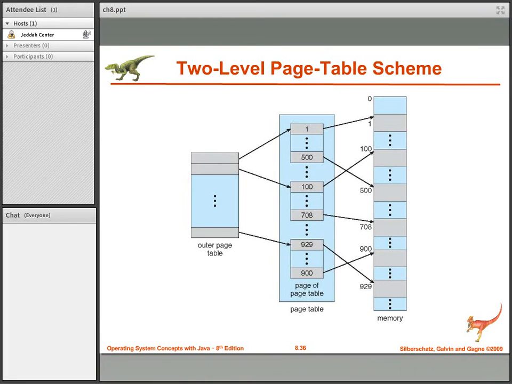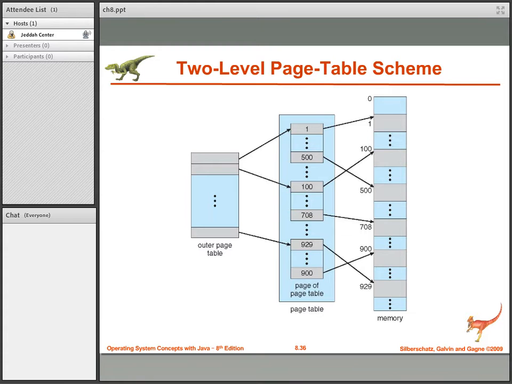In this diagram, you have the 2-level page table scheme. On the left, you have the outer page table, and each outer page leads you to other page tables.